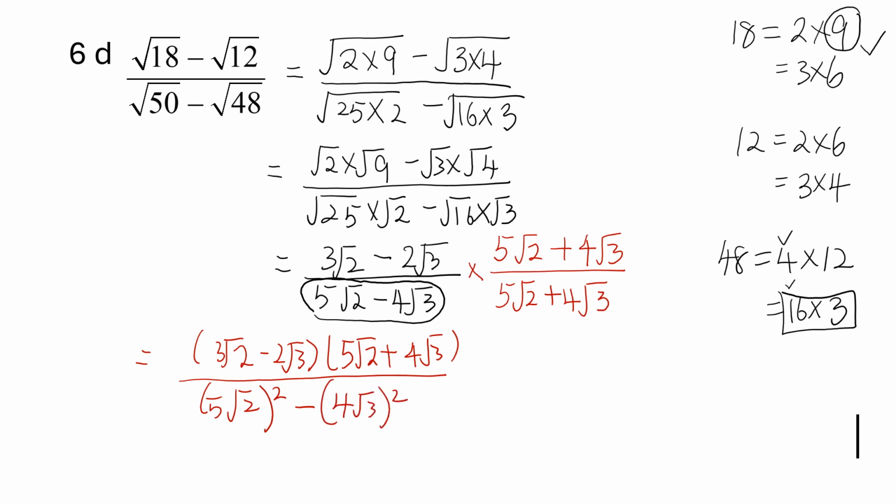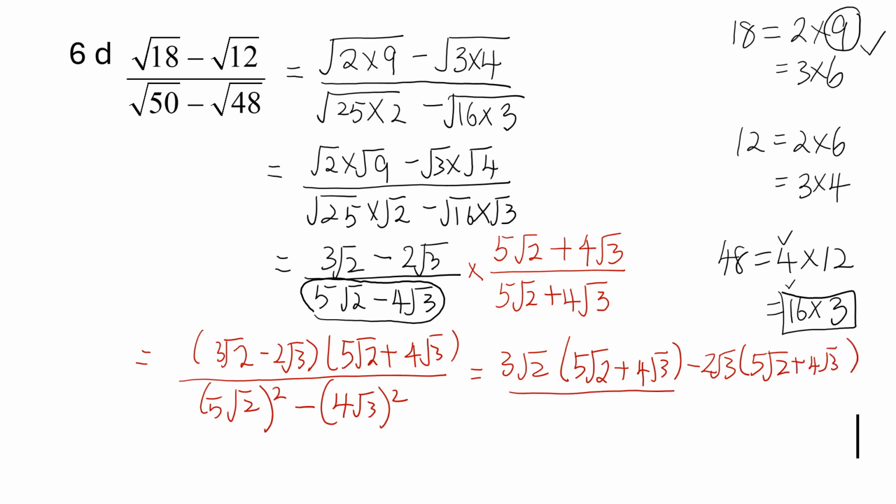Okay, so I'm going to use the distributive law to work out the numerator. So 3 square root 2 multiplied by 5 square root 2 plus 4 square root 3, then negative 2, over, that will be our a squared.